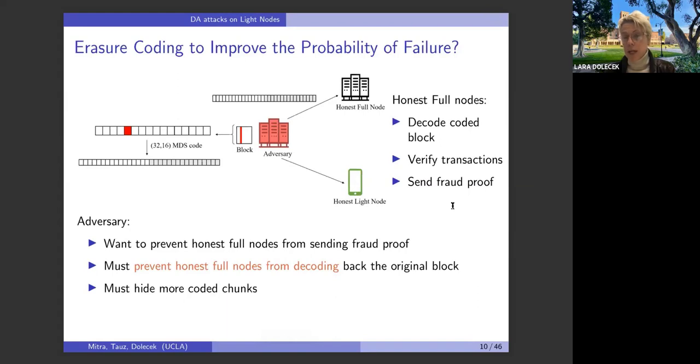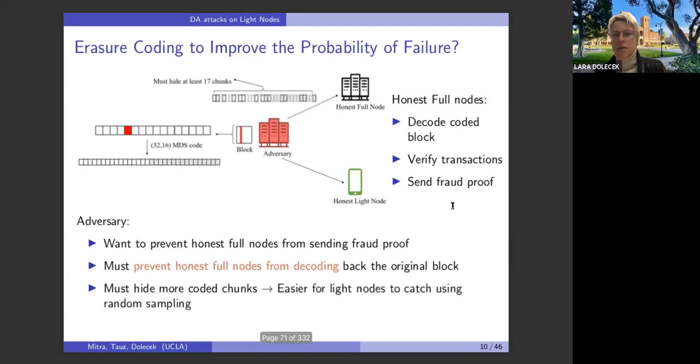So what it means really is that it needs to make it harder for the honest nodes to be able to decode. And if you have a coded system, that means it needs to hide even more coded chunks. So if you have a (32,16) MDS code, now the adversary has to hide at least 17 chunks, because that would exceed the erasure correcting capability of the honest node.